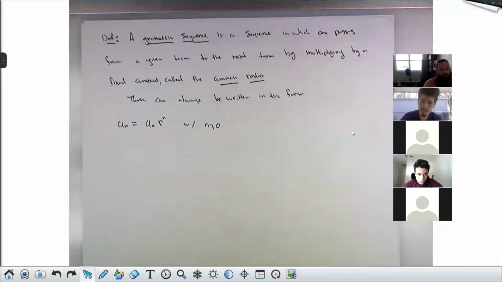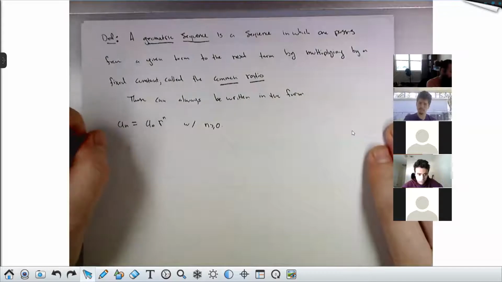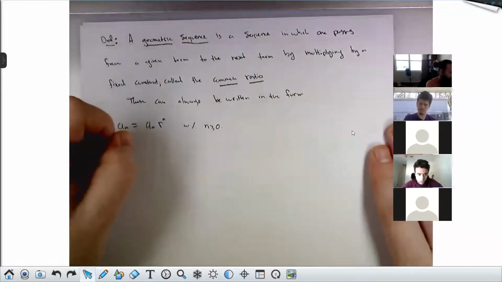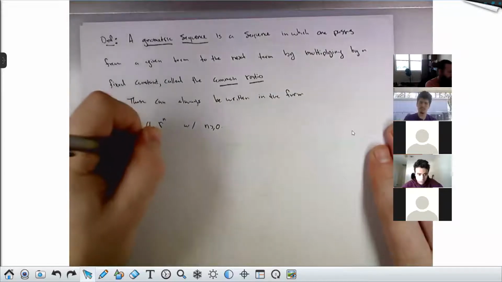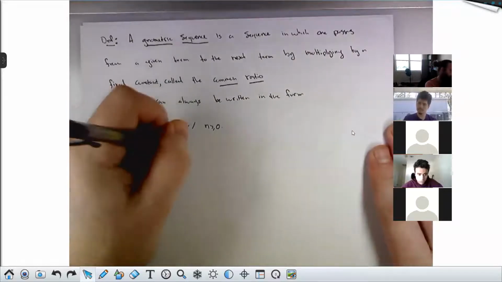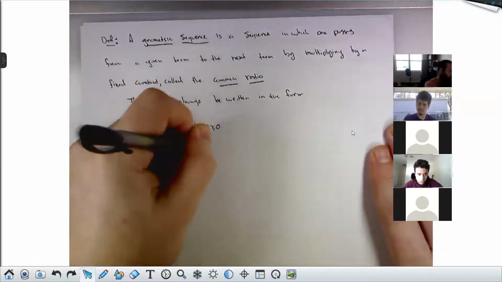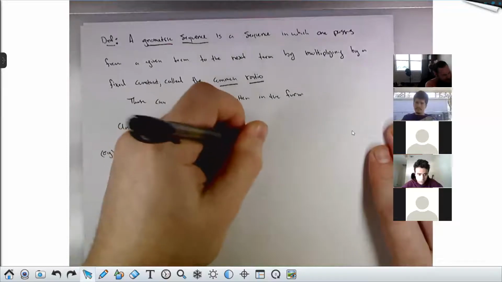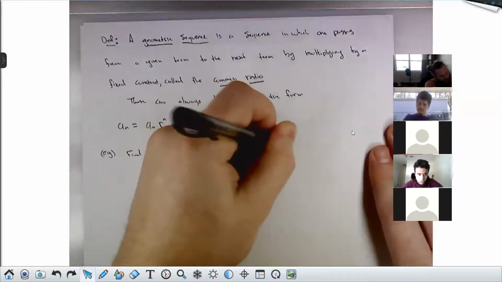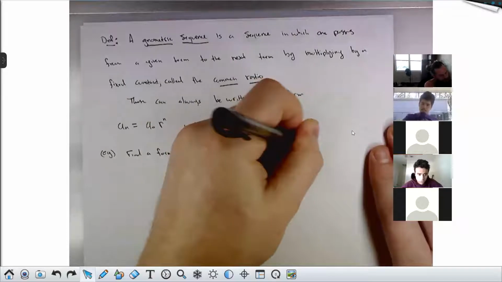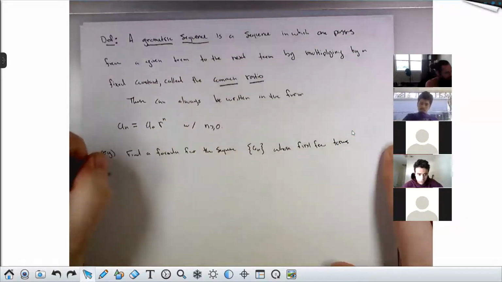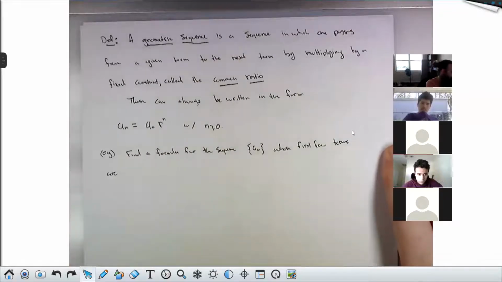All right, so a geometric sequence, for example, let's find a formula for the sequence an whose first few terms are, how about 2?